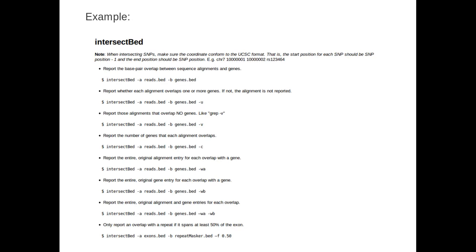So intersectBed here is the old command for conducting the most basic analysis of which positions in a set of intervals, so set A and set B, like in the cartoon a couple of slides back, overlap each other. And intersectBed was the main binary to answer that question, but the nomenclature has changed so that it's no longer intersectBed with a capital B. It is simply now we type bedtools intersect.